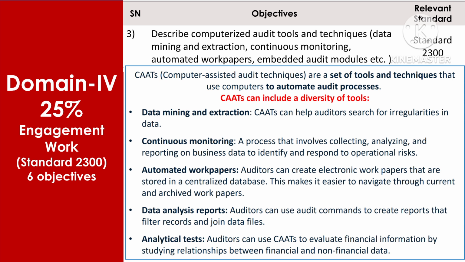Analysis reports, which normally management might not be using, but these are useful for the auditor to understand a gray area, and to probe further or take a deep dive in that area. Then analytical tests. Auditors can use CATs to evaluate financial information by studying relationships between financial and non-financial data.